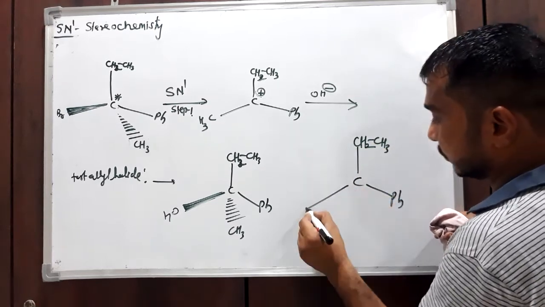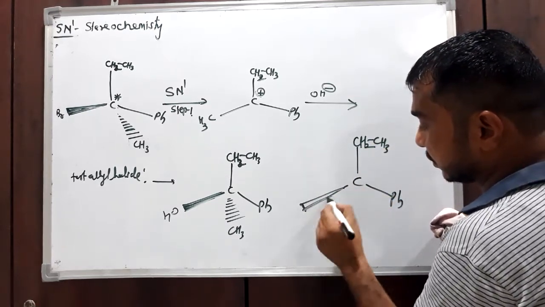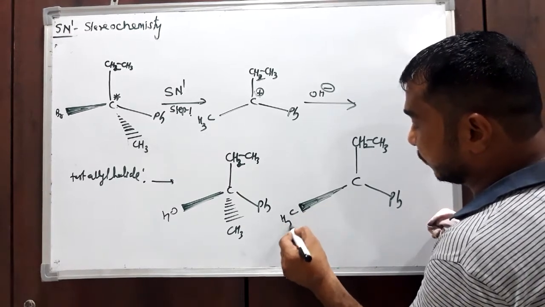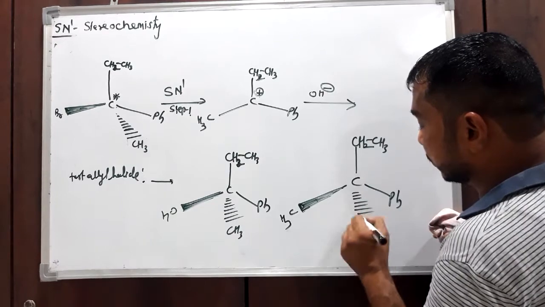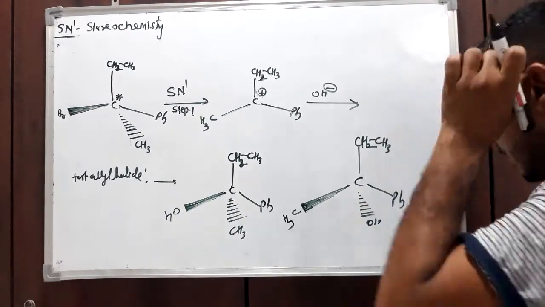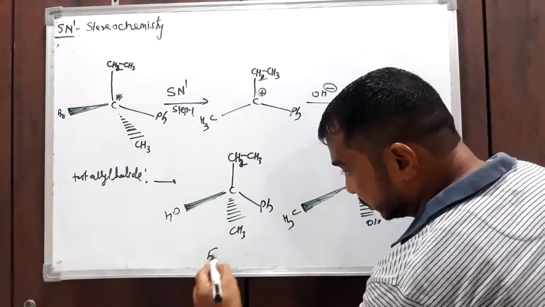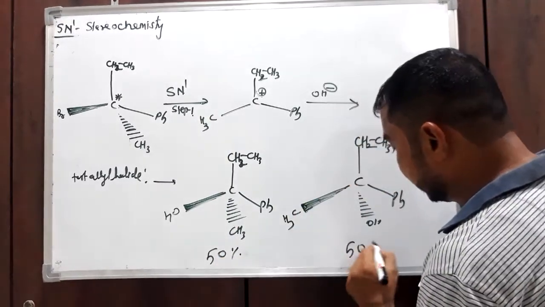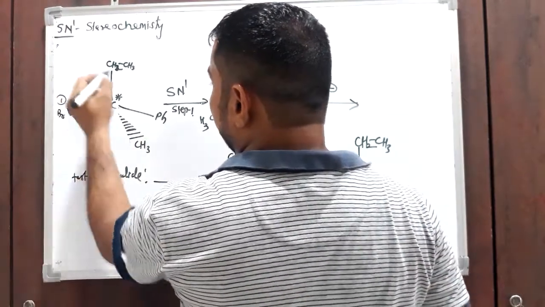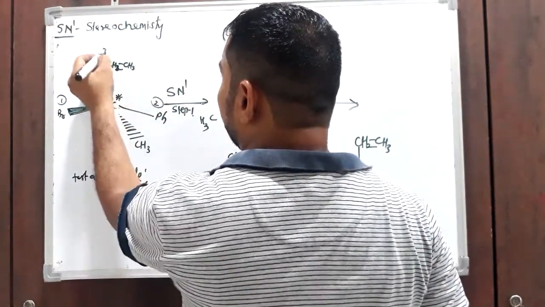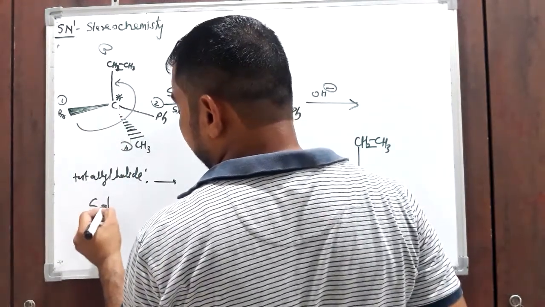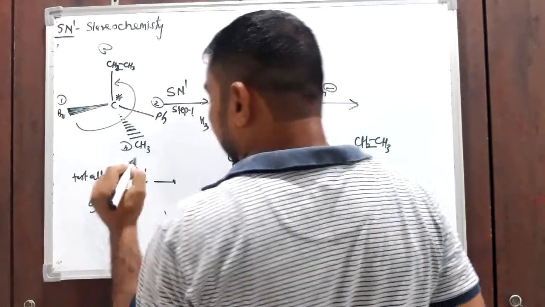Then you will get this type of product, and in that case the methyl group is on the front side and OH minus on the back side. So 50% this and 50% this. See, suppose this is 1, 2, 3, 4, 1, 2, 3, this is S configuration.